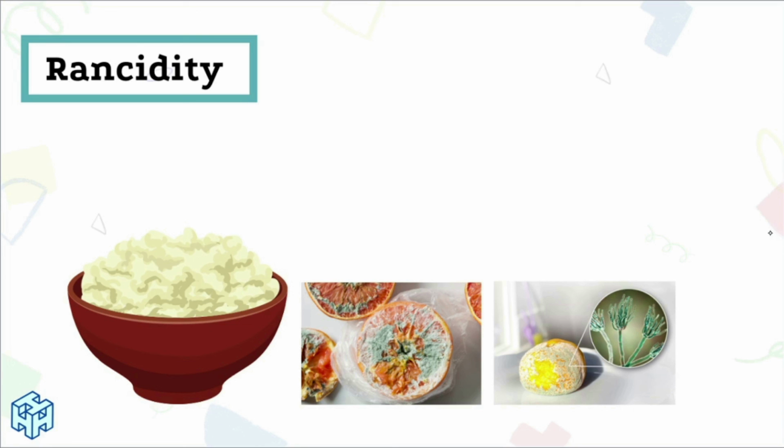Rancidity is when fats in food spoil. You can see some food here that is spoiled. Why have I depicted these examples of spoiled food? Are you able to see?